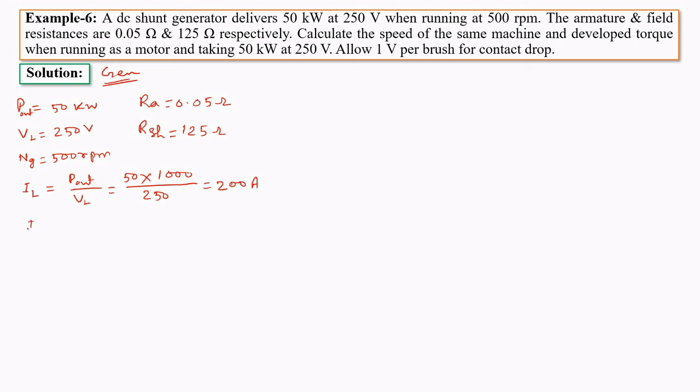Now the shunt field current ISH is V upon RSH, where V is 250, RSH is 125. So field current will be 2 ampere. Therefore, the armature current, in case of generator, is IL plus ISH. So it will be 200 plus 2, that is 202 ampere.